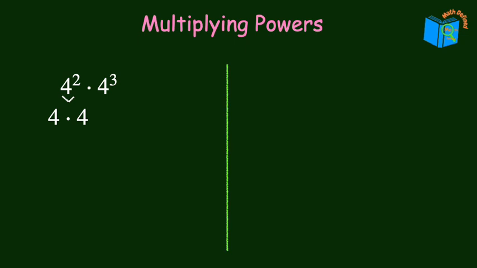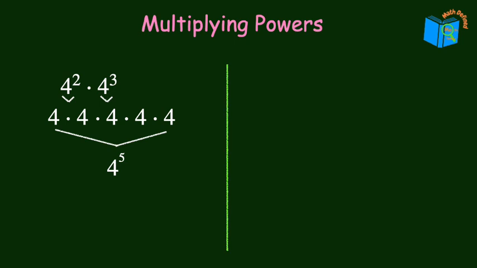Then I will do the same for 4 cubed. The last step is to write this group of 4's as a single power. The base is 4 since it is the factor being repeatedly multiplied to itself, and the exponent is 5 since there are 5 4's, resulting in the simplified power 4 to the fifth.